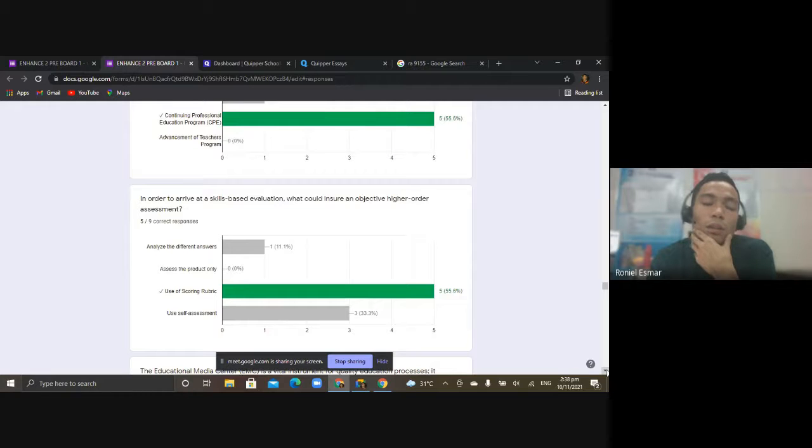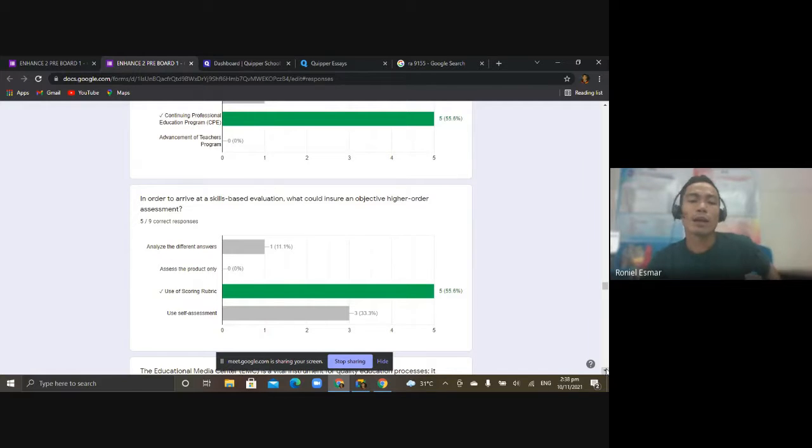So the correct answer for this is the use of scoring rubric. We should be making use of a rubric for any skills-based evaluation, in order for our students to identify the criteria that they should be considering in constructing their outputs or their performances.